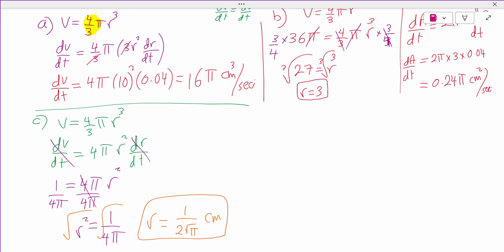That is the radius. This looks like v, but it's r. Let me just rewrite it. This is the radius, 1 over 2 root of pi. That's it for this question. Good luck.